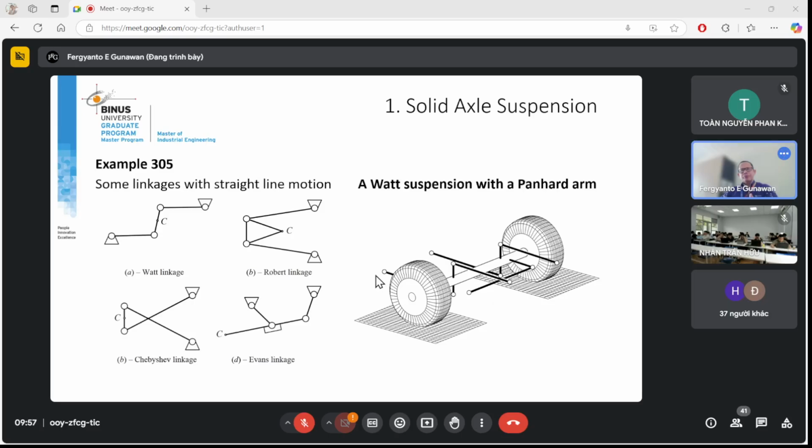And so that is a simple mechanism that we use as a suspension. And vibration is crucial, and many studies address the issue of vibration and how you minimize the vibration.